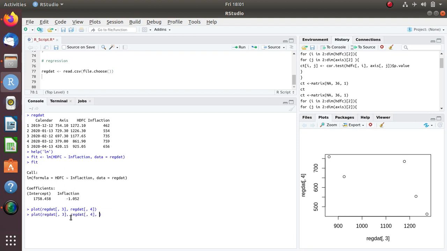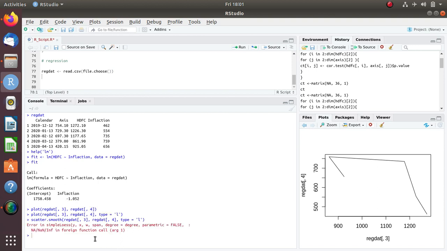Its type is L, line chart. Oh my god. Let me go for scatter smooth. I think it's not plot. Scatter smooth, it is a trend. It shows. Oh, smooth scatter. Okay, type. I think we don't have type here.